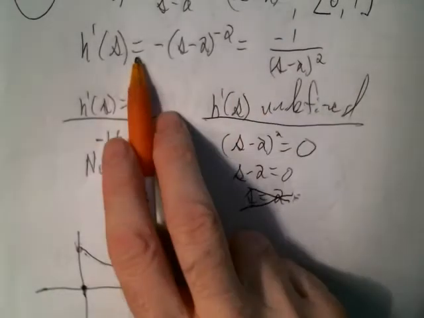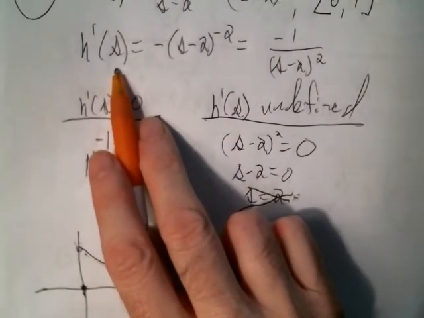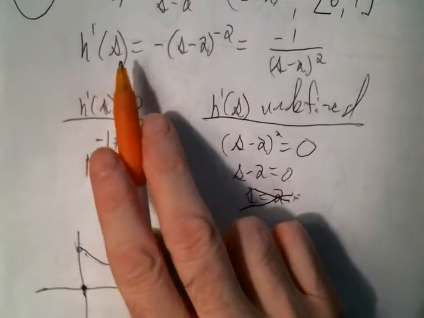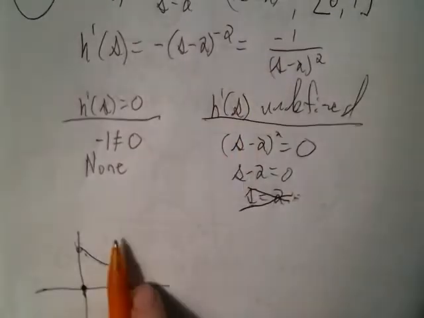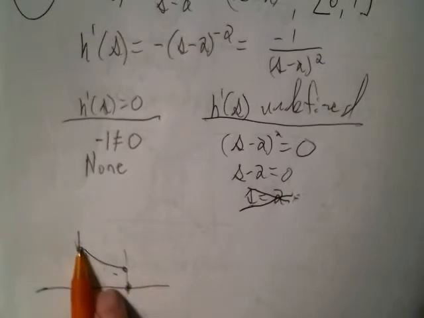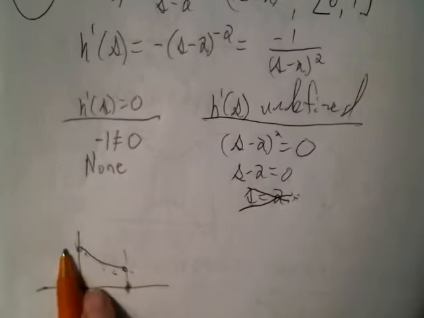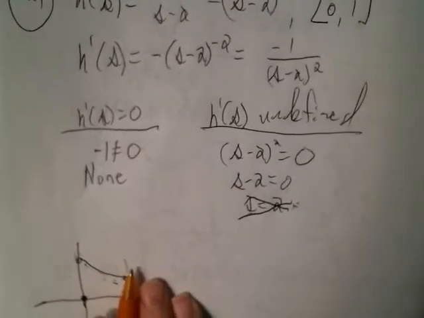The derivative tells you the slope of the tangent line to the curve. This is saying that the slope of the tangent line to the curve is always negative. In other words, the curve is always going down. So from here to here, it's decreasing. In other words, there's a maximum here and a minimum here. That's the way it should be. The max is at 0, the min is at 1.